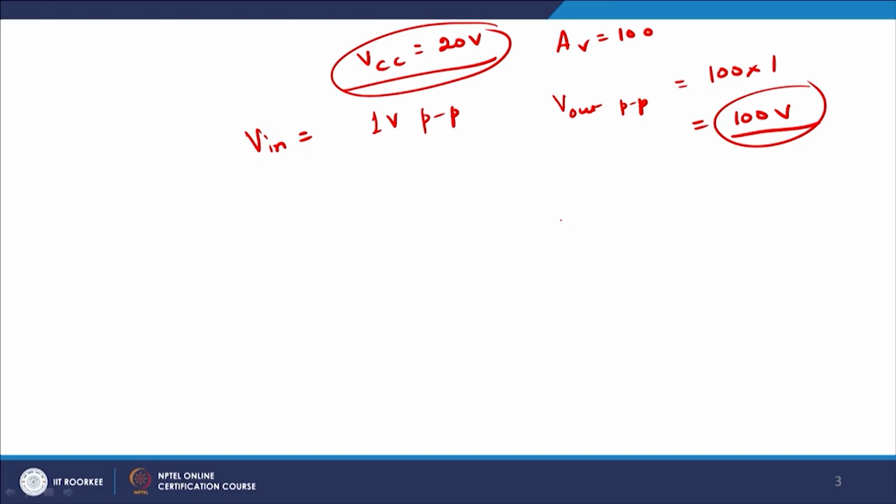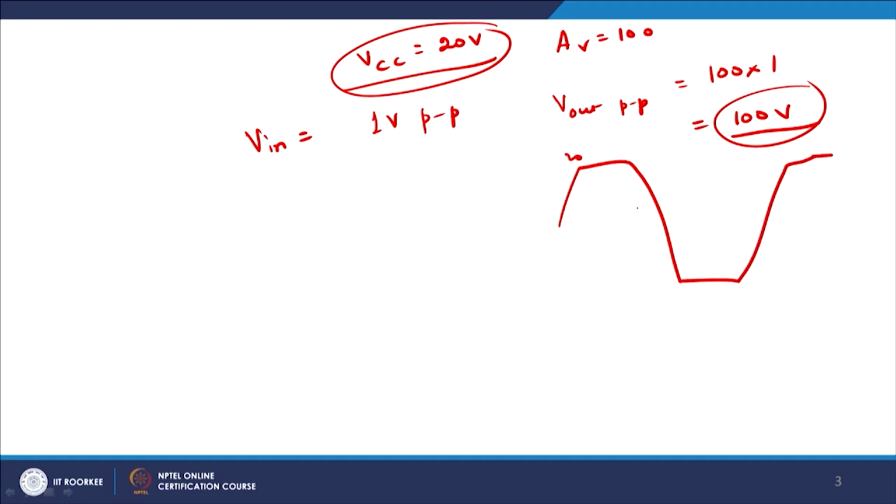So what will be your Vout peak to peak? Vout peak to peak will be 100 multiplied by 1, which is equal to 100 volts, fine. So your output is 100 volts, but your VCC is only 20 volts. So you see that in no way you can get a 100 volt output. So what will happen is that it will go up to 20 volts, it will then clip back here.